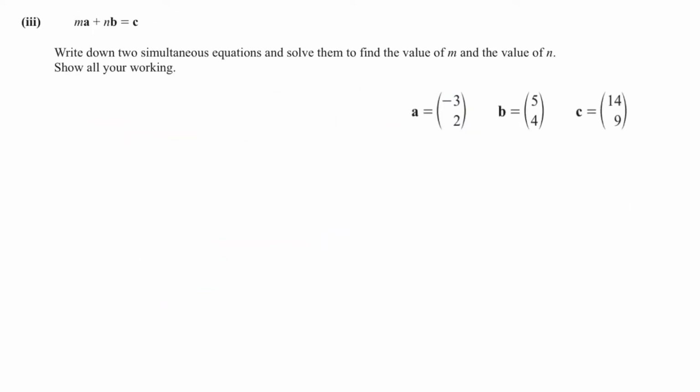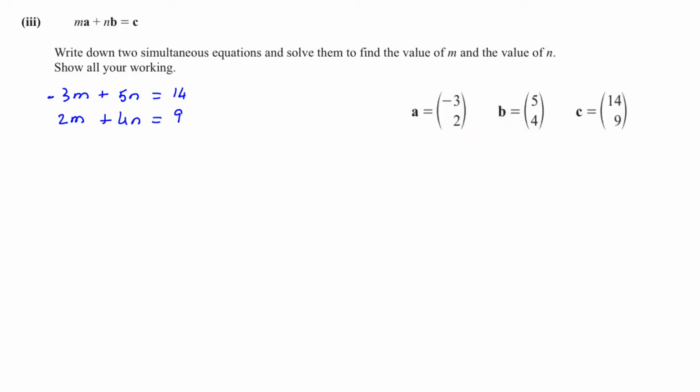In part 3, MA plus NB is equal to C. Write down 2 simultaneous equations and solve them to find the value of M and the value of N. Show all your working. The first simultaneous equation we can write is negative 3M plus 5N is equal to 14. The second one we will write is 2M plus 4N is equal to 9.